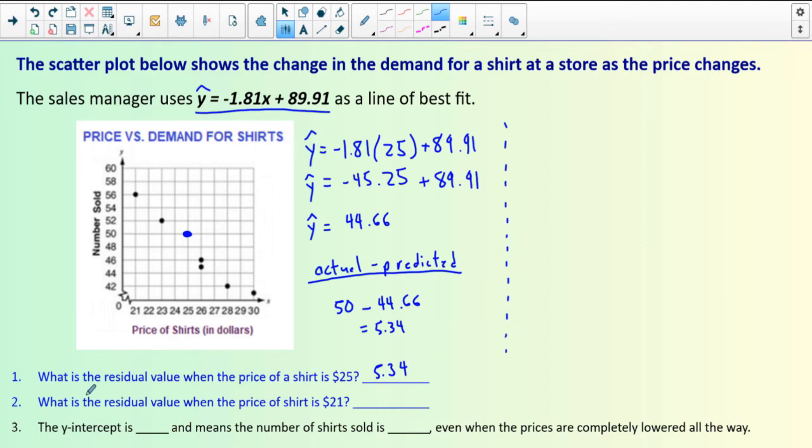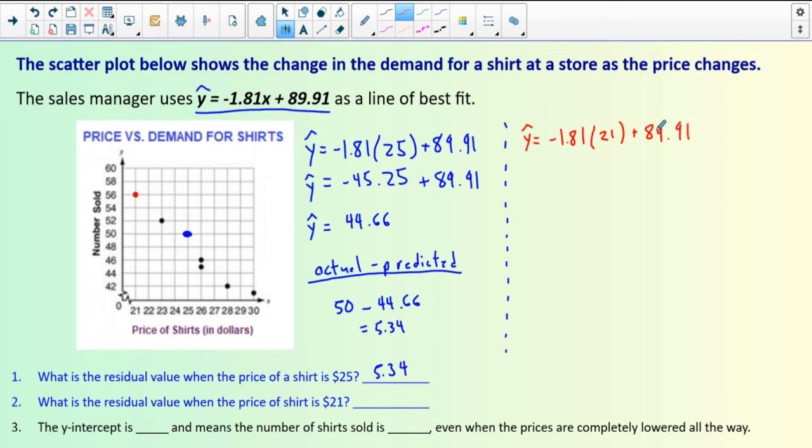So the second question is doing the same thing. What's the residual value when the price of a shirt is $21? Again, we're using the same line of best fit. This is negative 1.81 times 21. I tried to pick points that are right on the graph so they're not too hard to deal with, so we don't have to estimate decimals.